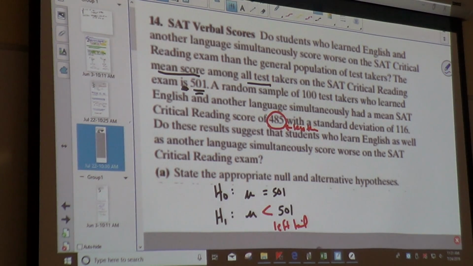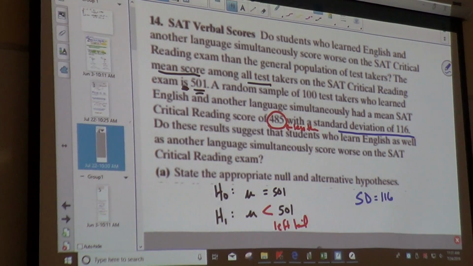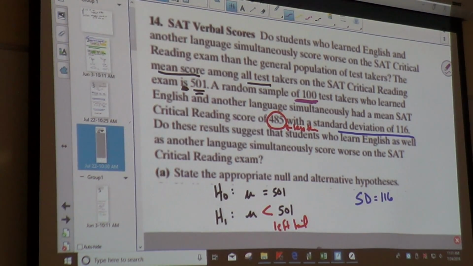Okay, what else do we have? What does this stand for? Standard deviation. So my standard deviation is 116. What does this stand for? That is going to be my N. And my X bar, or my data, quote unquote, is going to be the mean of the sample of our students, which is 485.